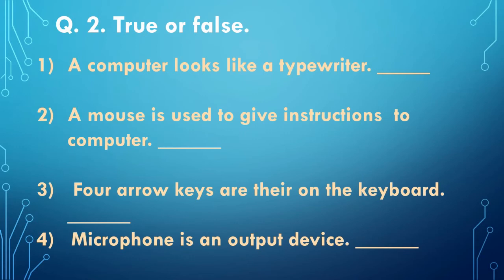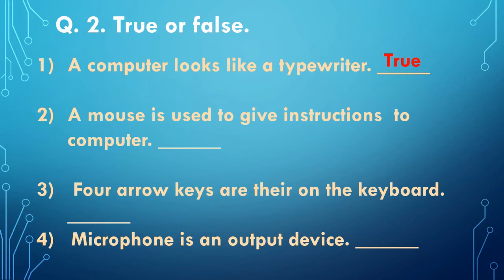Now the second one: a mouse is used to give instructions to the computer. Is this statement true or false? The answer is true, because the mouse gives instructions to the computer.